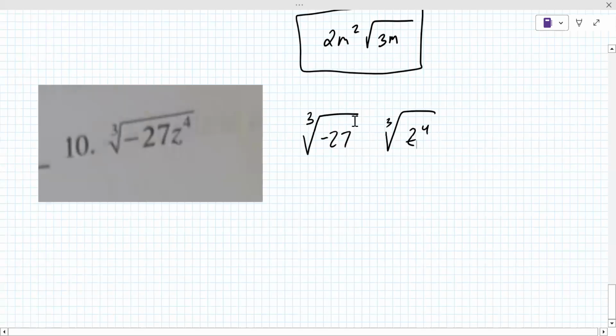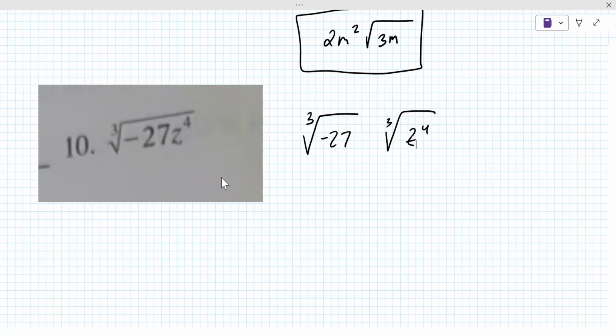Okay, why don't you see if this part can be done in the calculator, please? -3. And then the next one, okay.